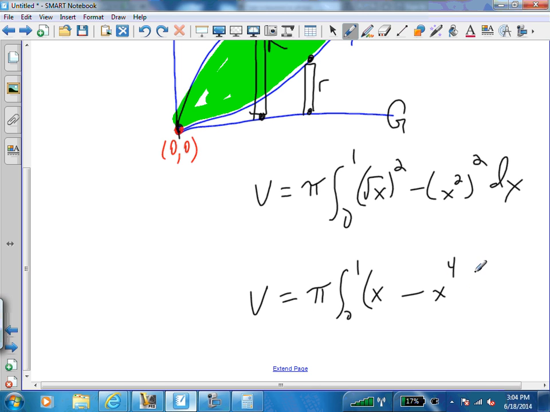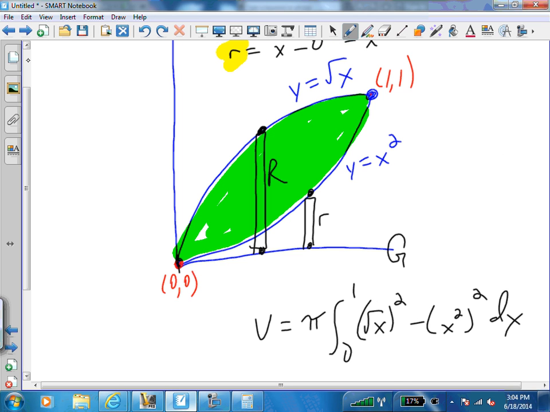Then our big R goes from our axis to the outside of our figure. And it's this y minus this y. What is this y here? 3. This y is given by this equation, x squared.